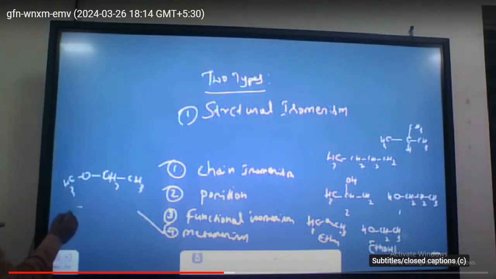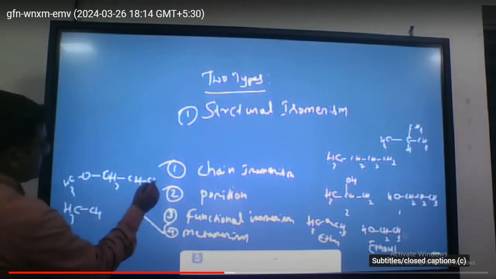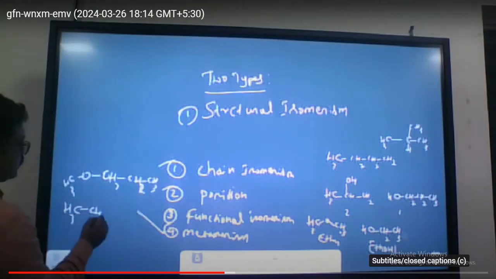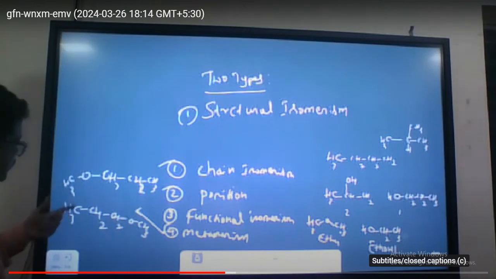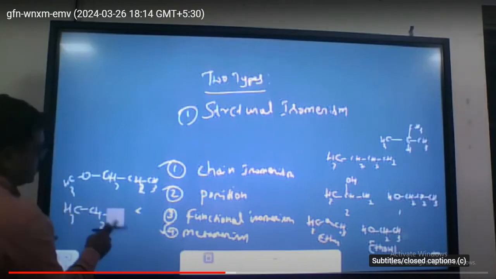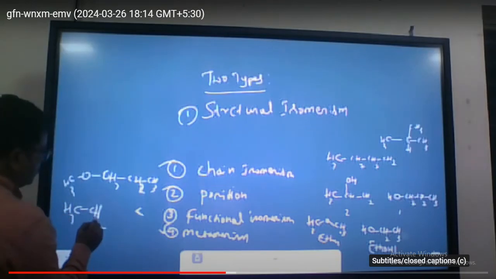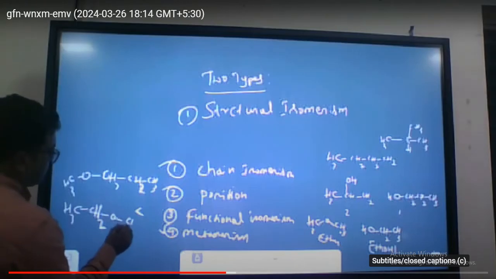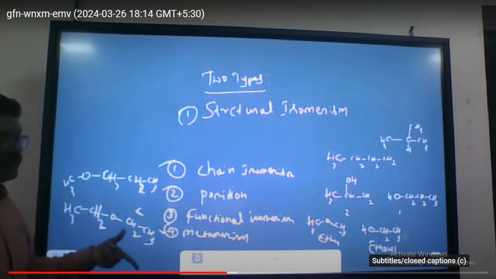But if you change the position of oxygen, this CH2 will take this CH3, CH2, O, CH2, CH3. So in metamerism, the ether here has a methyl, but here ethyl.